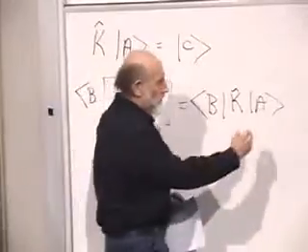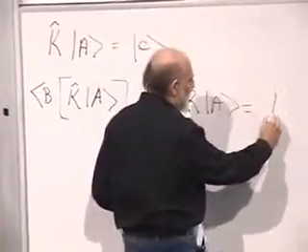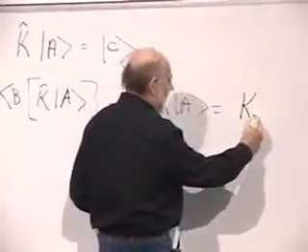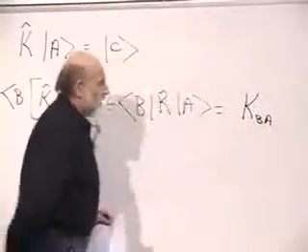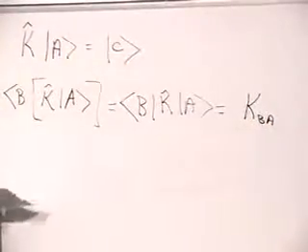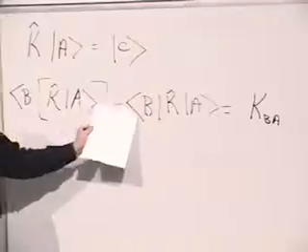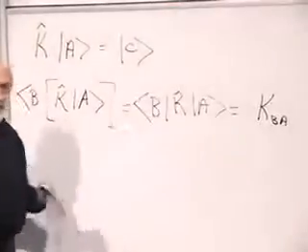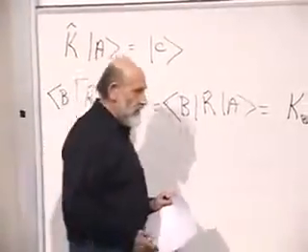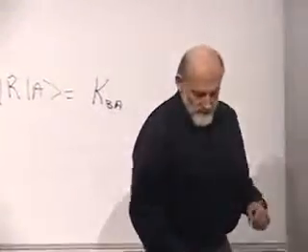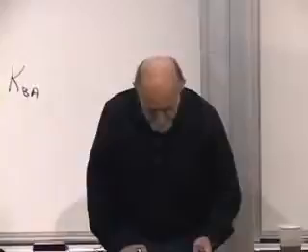This is sometimes just more briefly called K_BA. It's called the matrix element of K between vector B and vector A. And it's a notation that's very closely related to matrix notation.